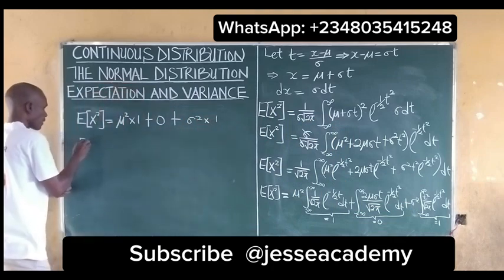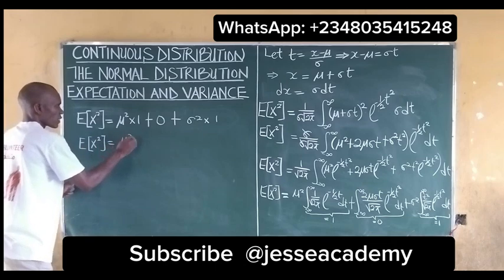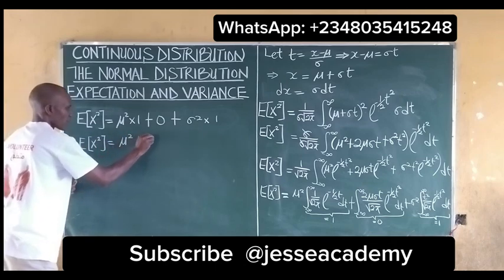So we have our expected value of x squared to be equal to mu squared plus sigma squared.